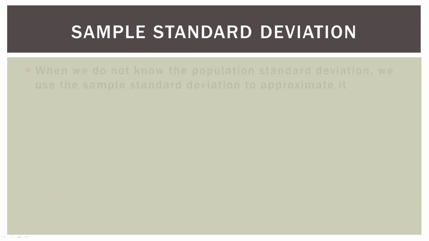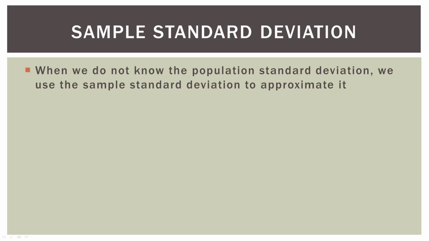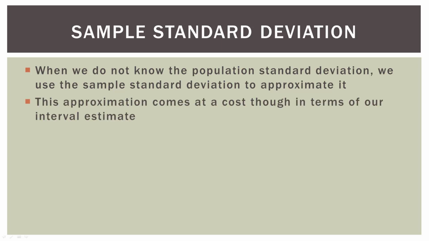So, sample standard deviation. When we do not know the population standard deviation, we use the sample standard deviation to approximate it. So we take a sample, maybe of 50 people or 50 items, whatever it might be, and then we find the standard deviation of that sample, and we use that to approximate the population standard deviation we do not know.